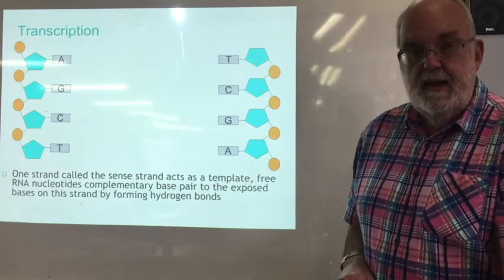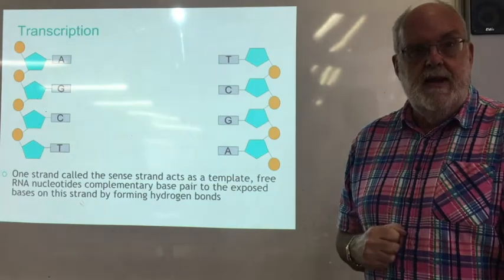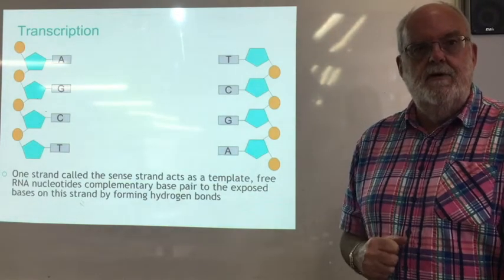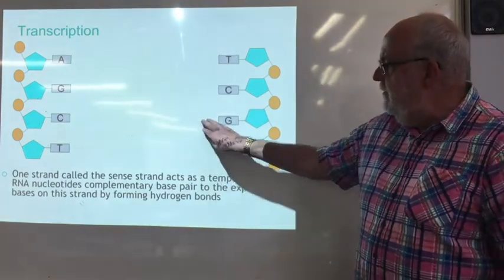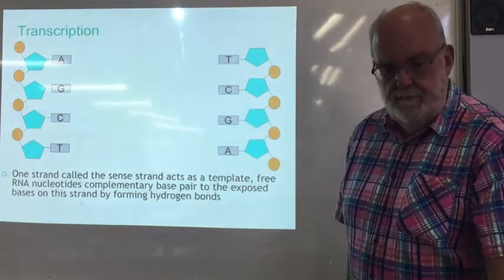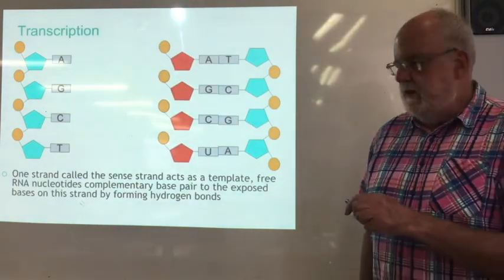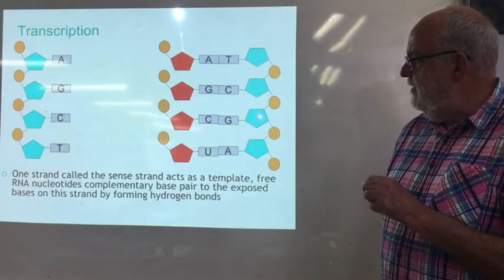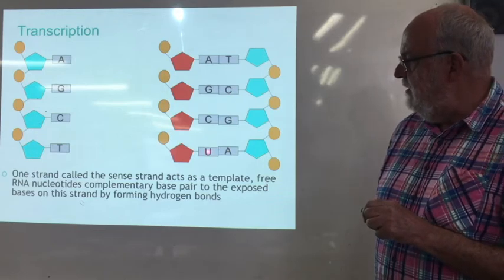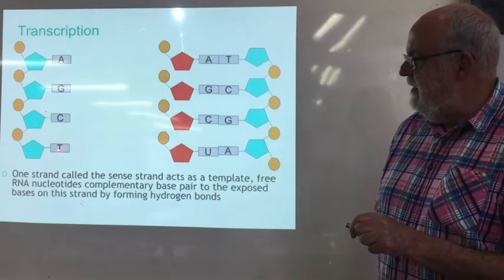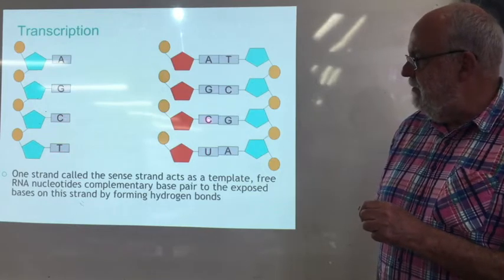And what happens is that free RNA nucleotides, so ribose and a base and a phosphate, are floating around in the nucleus, and they pair up to each of those. There they go. So ribose as opposed to deoxyribose, uracil as opposed to thymine. So this was thymine in the DNA molecule, it's replaced by uracil. But the rest of it's the same, you see.